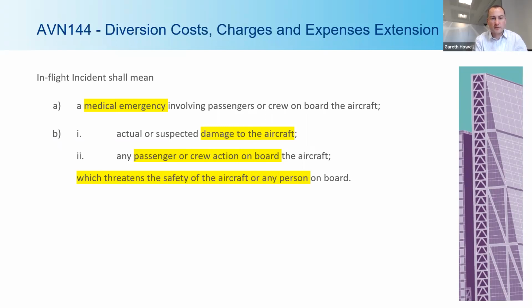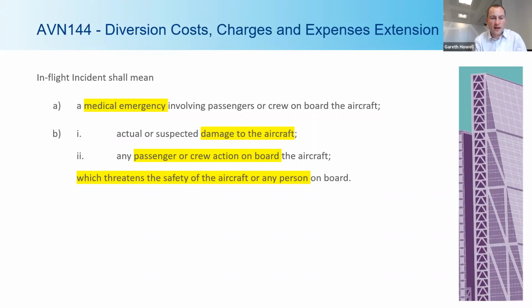The next category that we've got are perils that threaten the safety of the aircraft or a person that's on board the aircraft. So that might be actual or suspected damage to the aircraft. So let's say the aircraft suffers a lightning strike mid-flight, or it flies through a severe hailstorm. If the captain decides that the aircraft might have sustained damage which threatens the safety of the aircraft, they make a diversion to an unscheduled airport, then those costs are covered by 144.